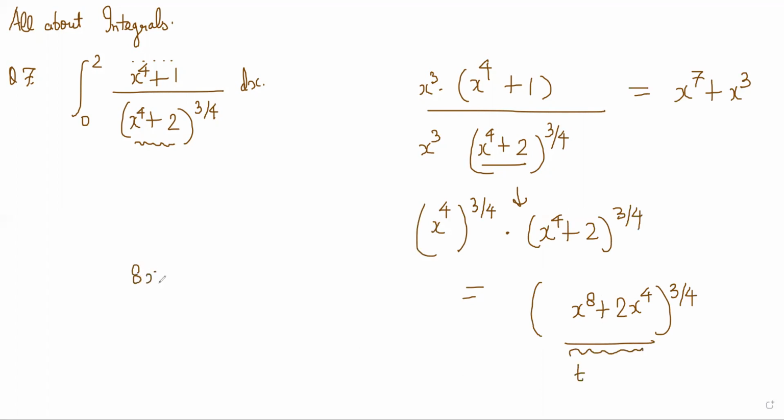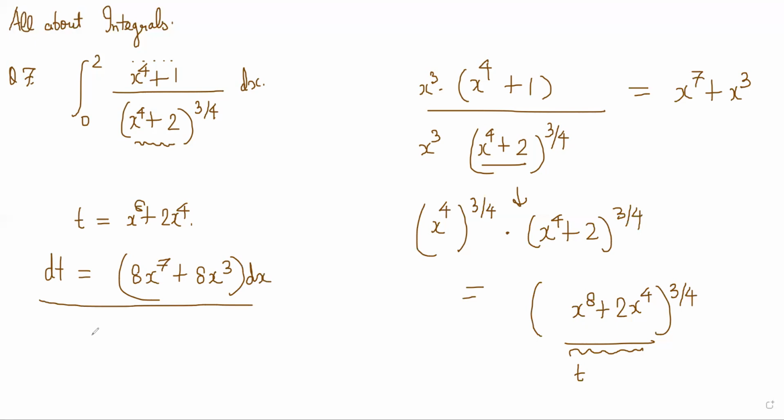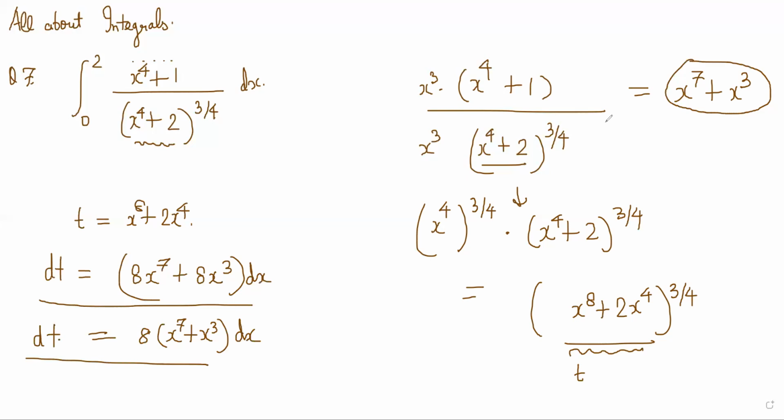This becomes 8x power 7 plus 8x power 3 dx is equal to dt. Like if I take t is equal to x power 8 plus 2x power 4, right? So this helps us because we can write this as 8 times (x power 7 plus x power 3) dx, right? Dt becomes this. And on top we have x power 7 plus x power 3.